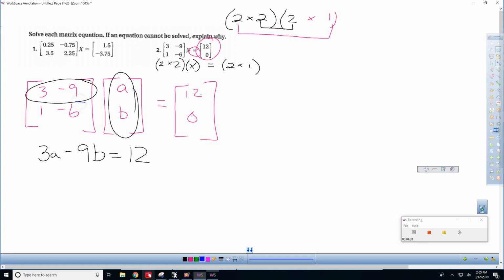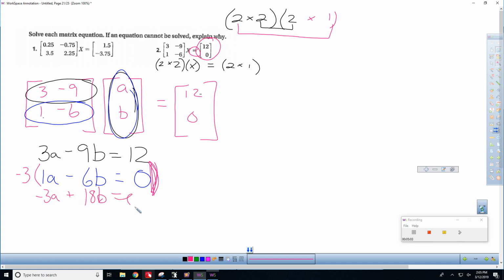That's the answer to that. We know that. Row by column: 1A minus 6B equals 0. Okay? Well, I think what we would probably normally do is multiply this thing by negative 3. So you get negative 3A plus 18B equals 0.